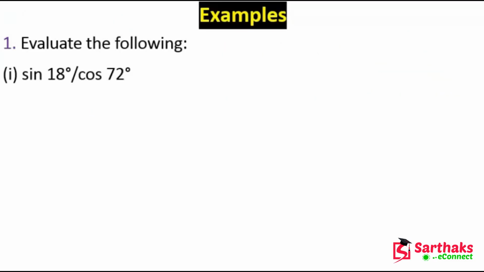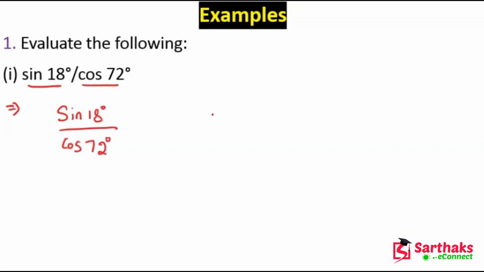Yes, so now let's solve some problems. Question number 1 is sin 18 divided by cos 72. We have to find the value of sin 18 degree divided by cos 72 degree.